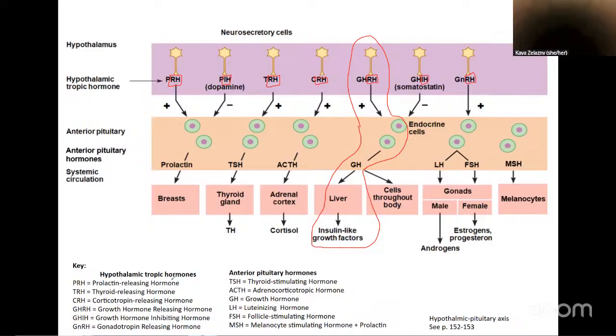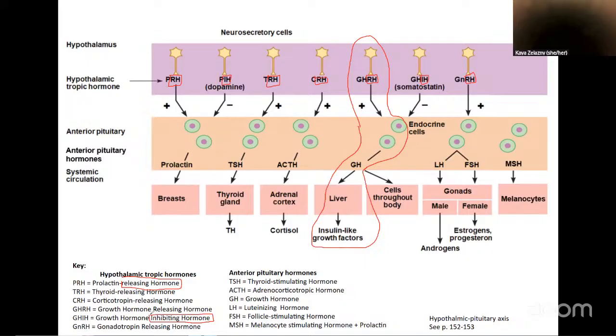So either they're helping us release another hormone, that's the RH ones, those are all more common here. The IH ones are all where we're inhibiting something, right? So this is where we're turning off a signal. The ones that end in IH, this inhibiting hormone.